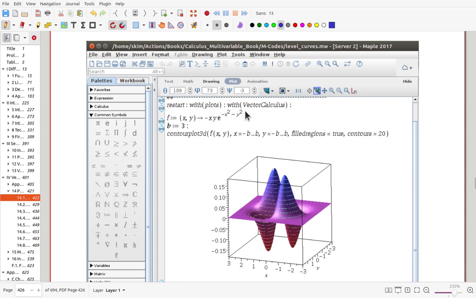Plots and also vector calculus packages are included, and f is defined in this way. Now b is used to determine the domain. Now x is moving from minus 3 to 3, y is moving from minus 3 to 3, and a contour plot in 3D is made in this way.